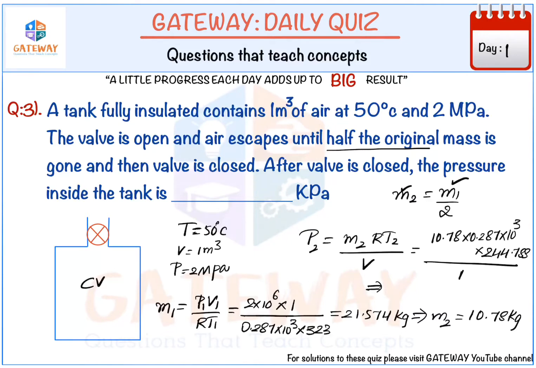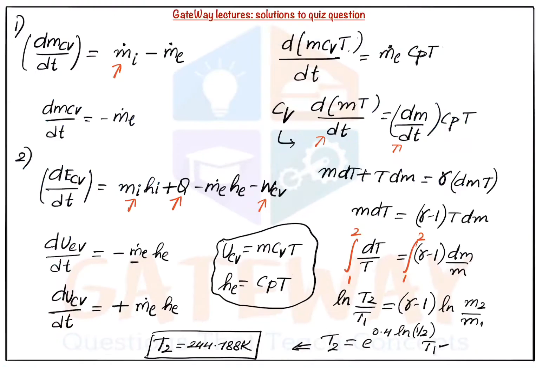From here we'll get the answer P2 as 757.339 kilopascals. So this is our final answer. Here we can't find it directly because it is a control volume problem, so we need to do control volume analysis.